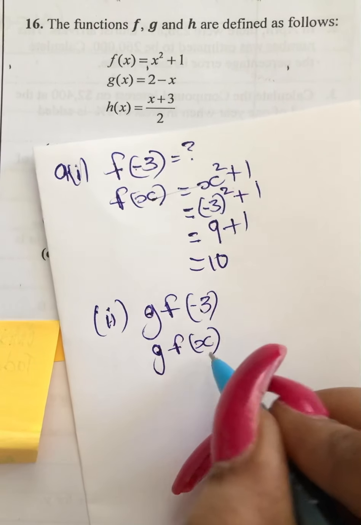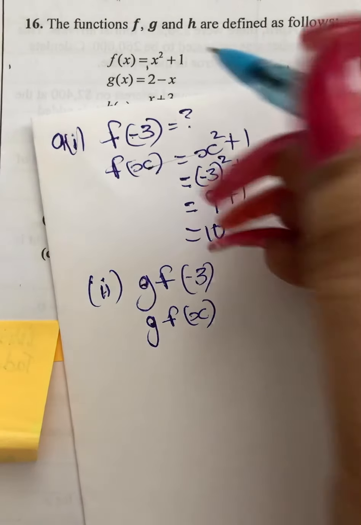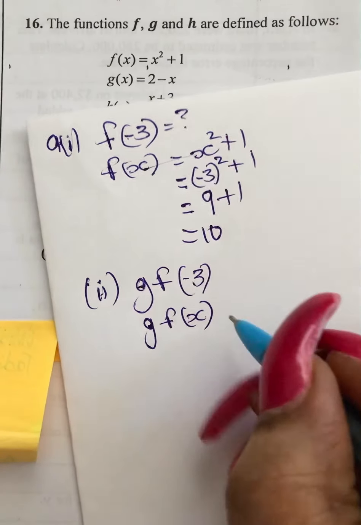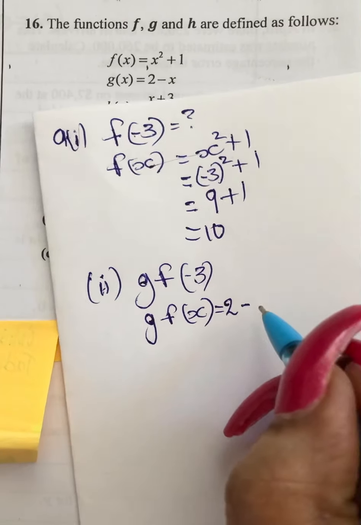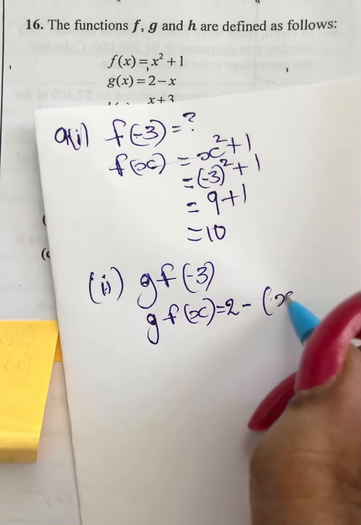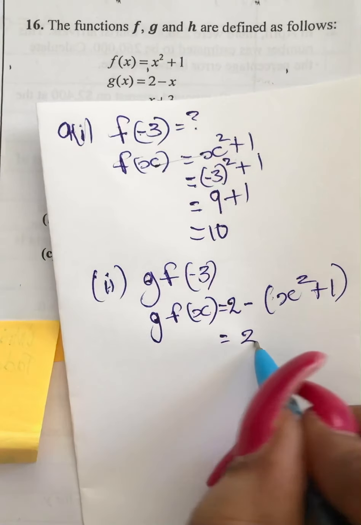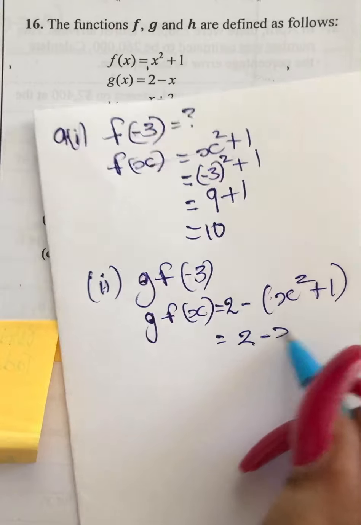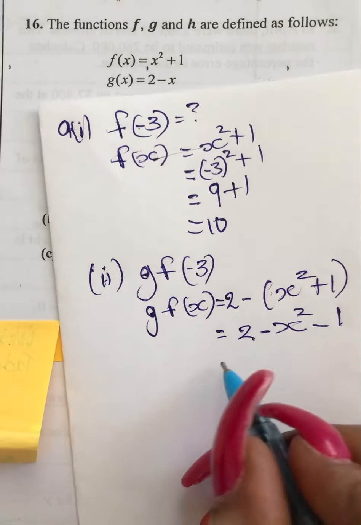So g of f of x now, f goes here, so it will be 2 minus, open parentheses, x squared plus 1. So we'll have 2 minus x squared minus 1.